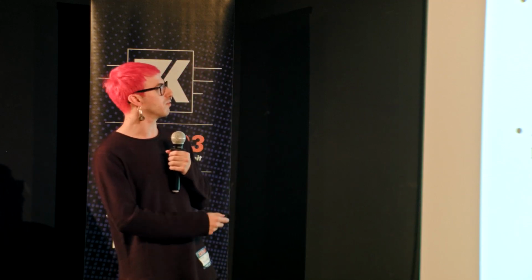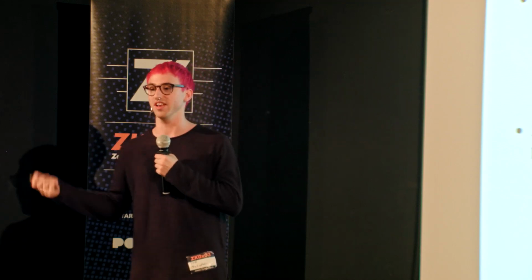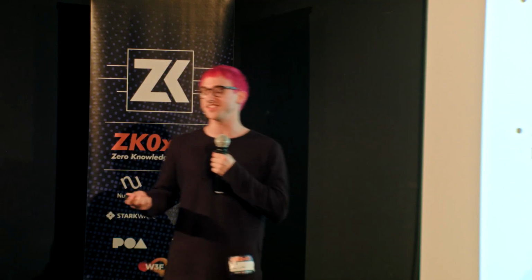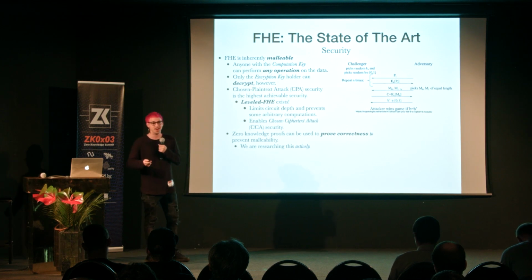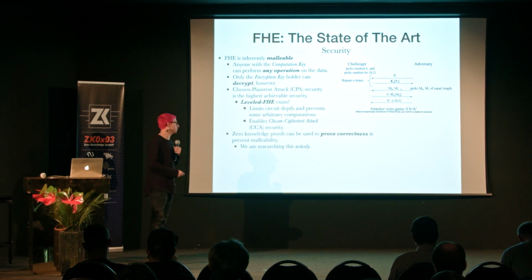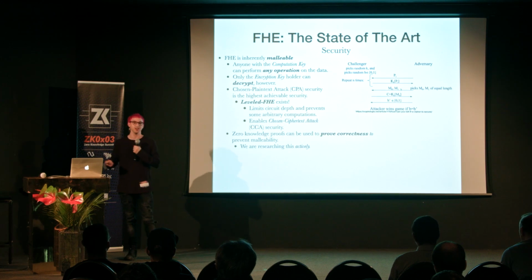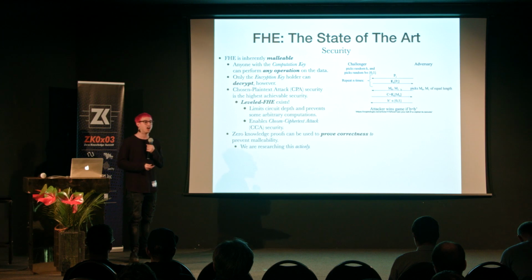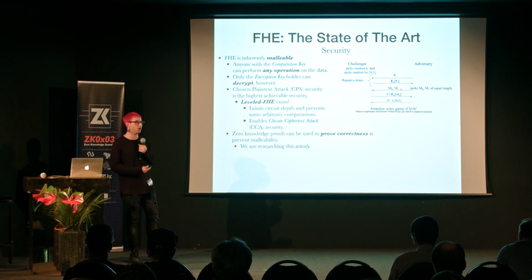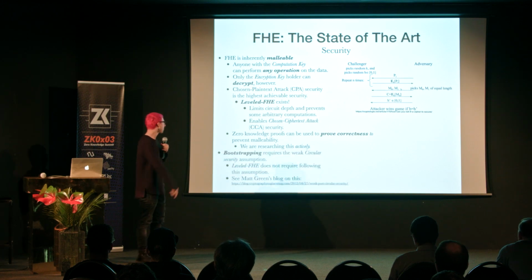However, because you can perform any computation, you can do 2 plus 2 minus 1 plus 1, and it simply gives you the same answer. But did you ask for that? No, you just want 2 plus 2, right? So we may be able to use zero-knowledge proofs to prove that the computation was the correct one. And that's something we are actively researching. We need to learn more about that and see exactly how that can be utilized, but we are working very hard on that.